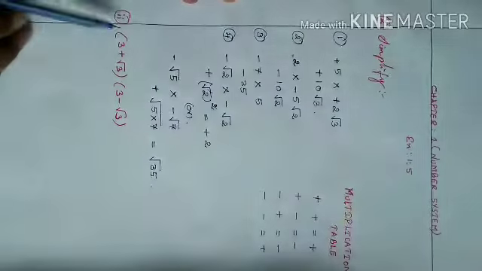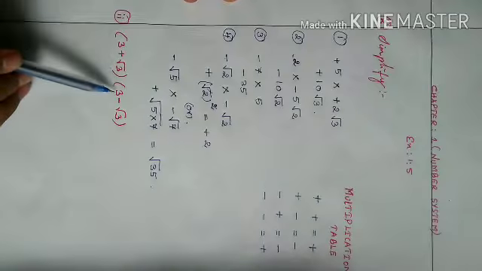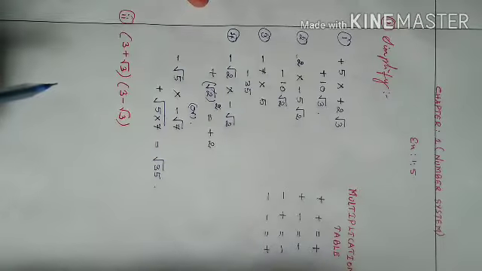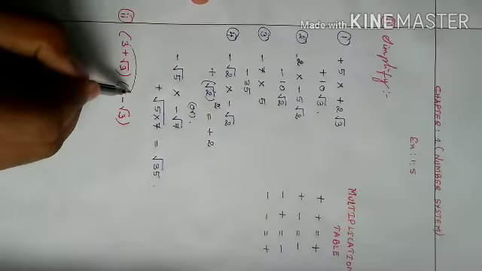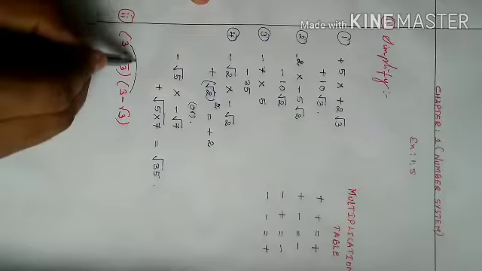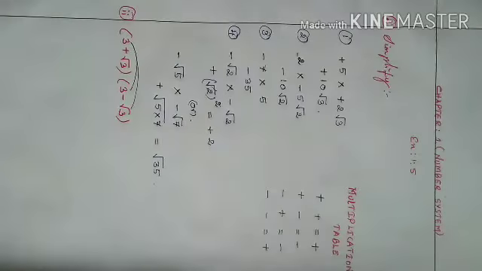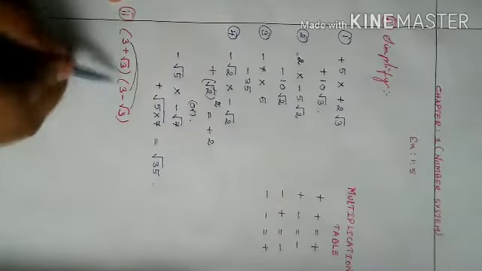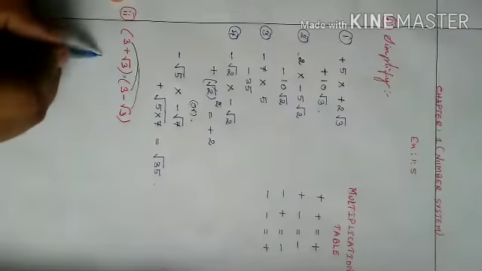To simplify, subdivision 2. Here 3 plus root 3 and 3 minus root 3. First we have to multiply like this: first term here to here and here to here. So 3 into 3, there is a multiplication symbol in between.